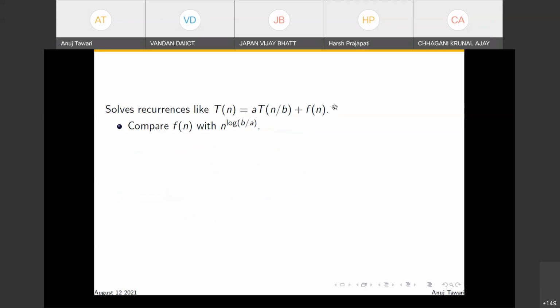If you have more terms, then you can't apply this theorem. But if you just want something to remember and solve the recurrence, then you can use this theorem. The idea is that you compare this term Fn with n to the power log b by a. This is the total number of leaves in the recurrence tree.